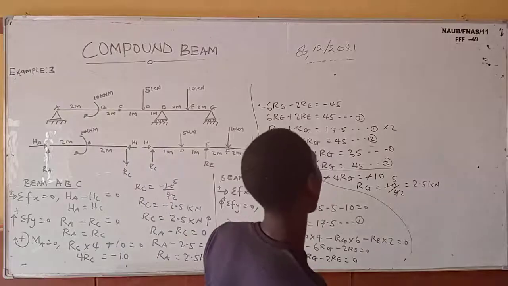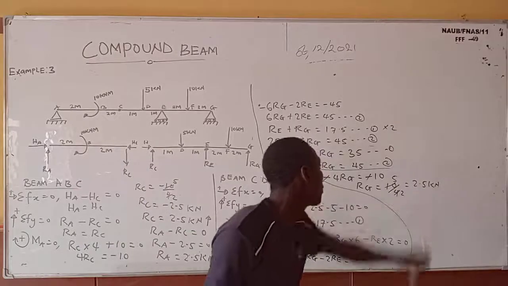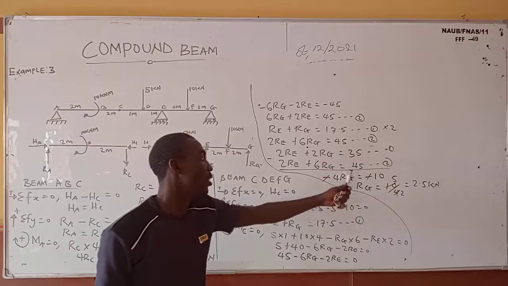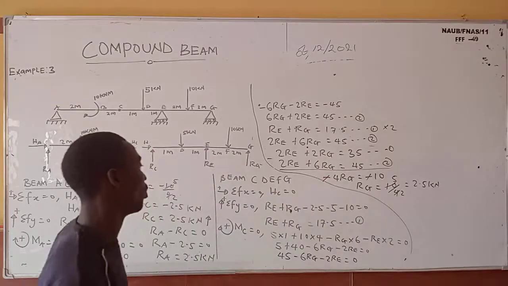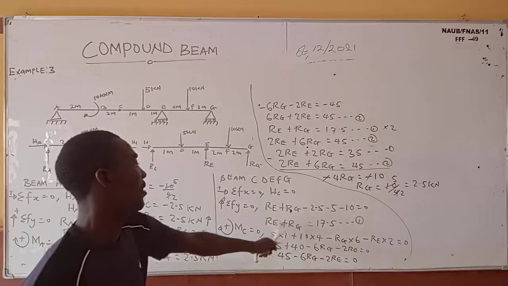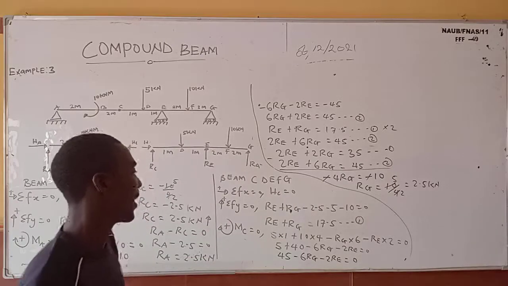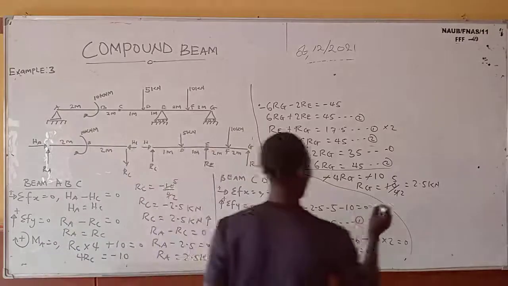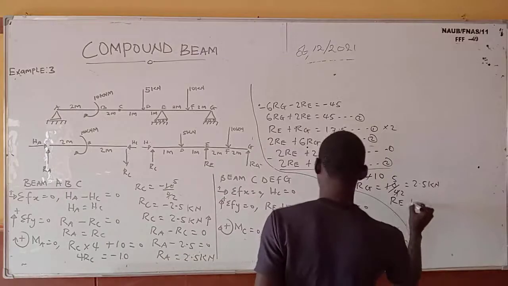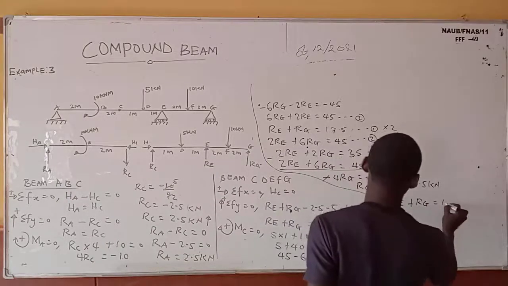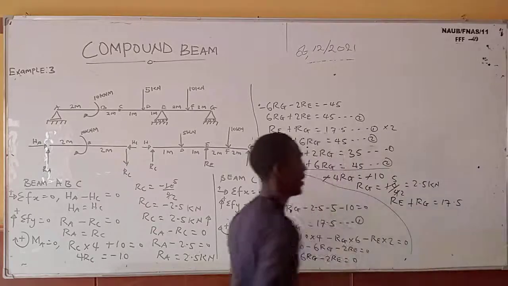Yes, we can get our ROE by substituting 2.5 for any of this equation, either equation 1 or equation 2. But instead of wasting your time doing that, look at this. From this equation 1, I can still get my ROE using this, because ROE plus ROG is equal to what? 17.5, right?